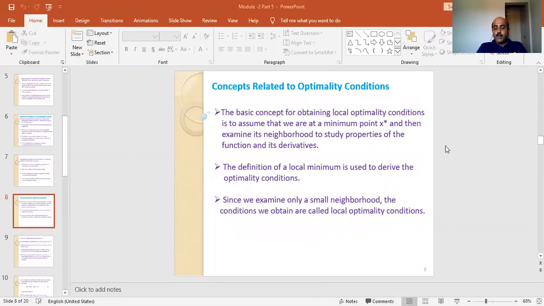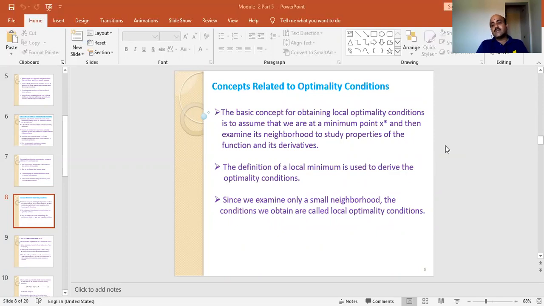The concepts related to optimality conditions. The basic concept for obtaining local optimality conditions is to assume that we are at the minimum point x star, and then examine its neighborhood to study the properties of the function and its derivatives. So please remember here, the concept of obtaining the local optimality condition is just assuming that we are at the minimum point x star.